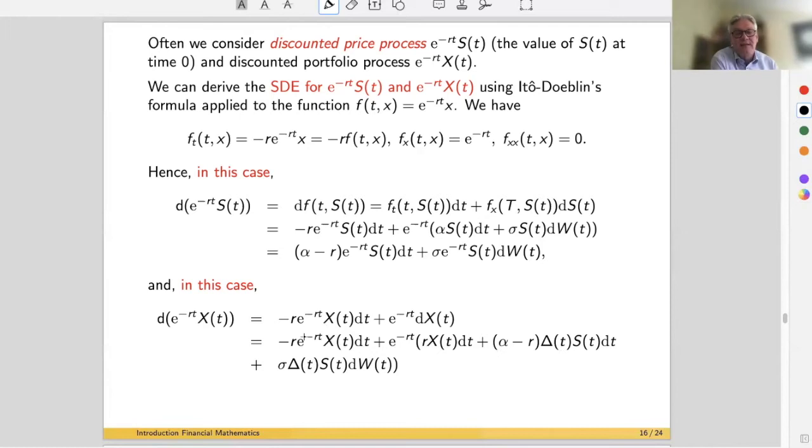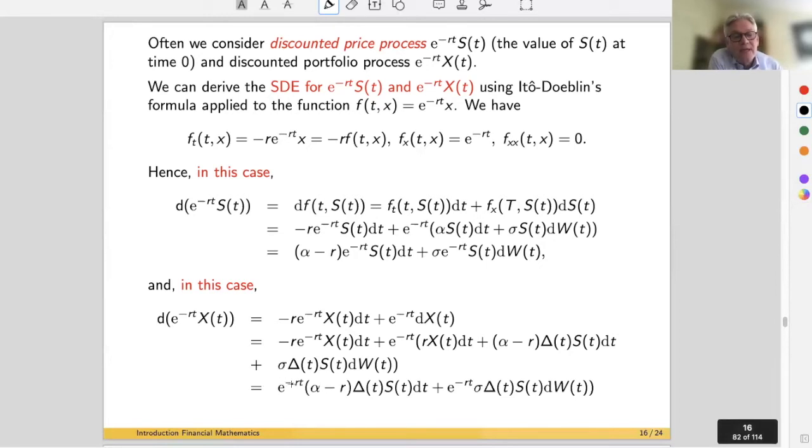Again, collecting the dx terms, the dW terms and the dt terms, we see that this one cancels out, this one and this one, they cancel out. And what remains is the discounted alpha minus r term here, dt, and the dW term. So what remains is e to the power minus rt (alpha minus r) delta t St dt, plus e to the power minus rt sigma delta t St dWt.